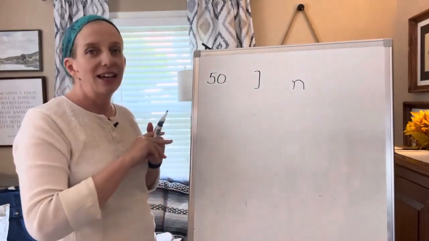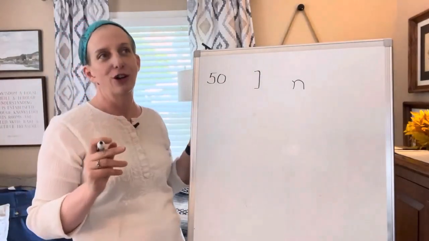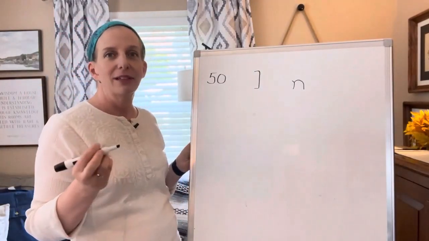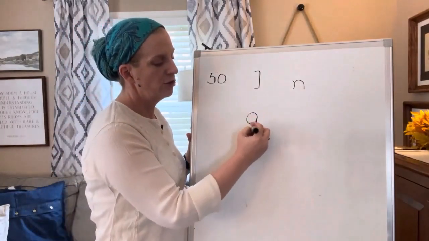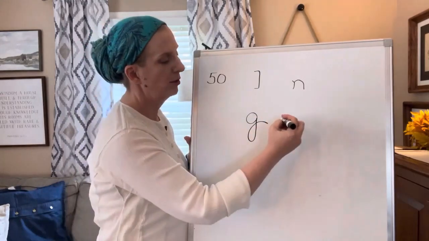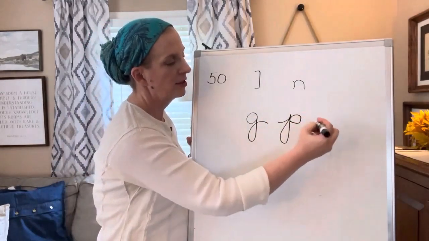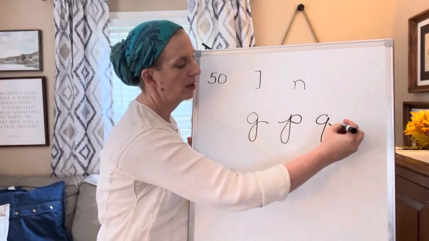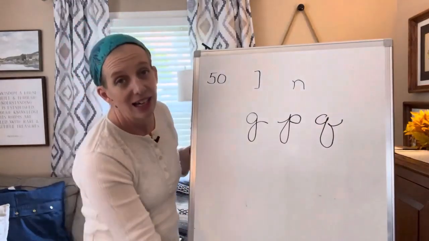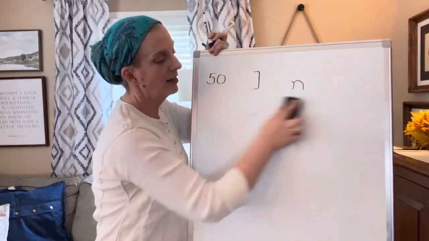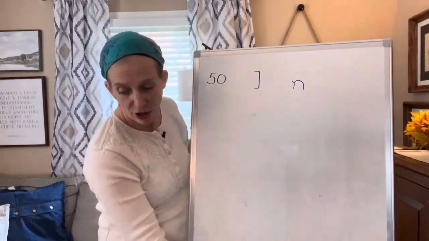And just like in English, when children are learning cursive, sometimes they'll get some letters confused. Some of the ones they might get confused are a G in cursive compared to maybe a P in cursive or a Q in cursive, because they're all so similar. And it's like that in the Hebrew alphabet as well. We have a lot of letters that look really similar to each other.